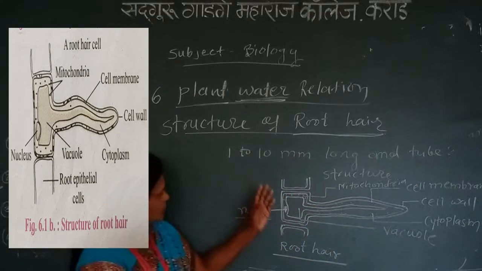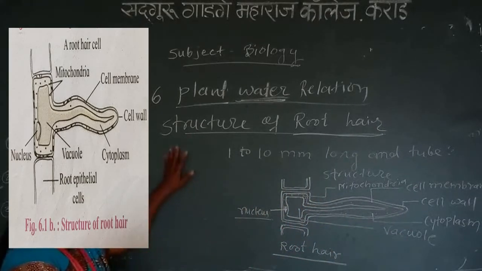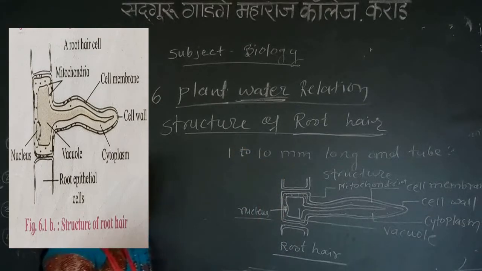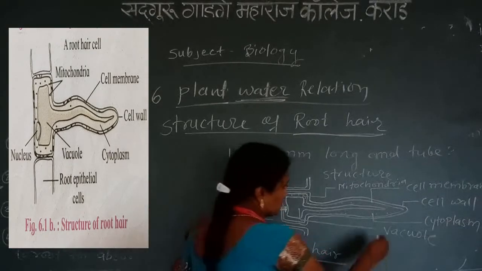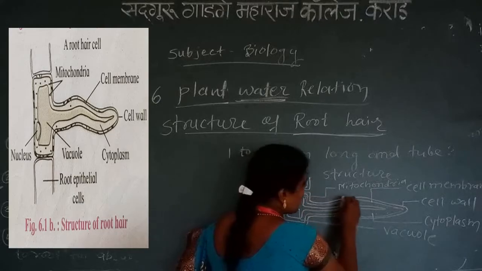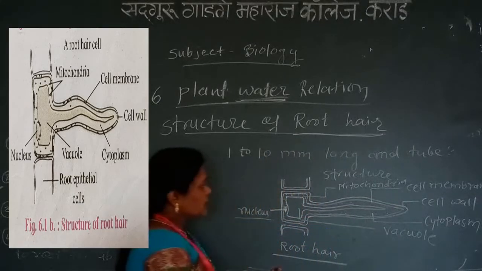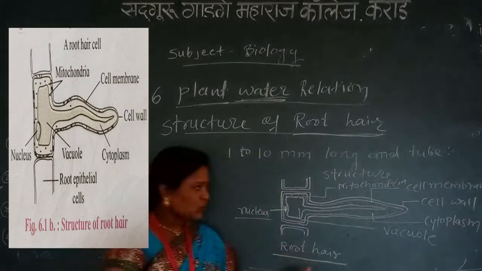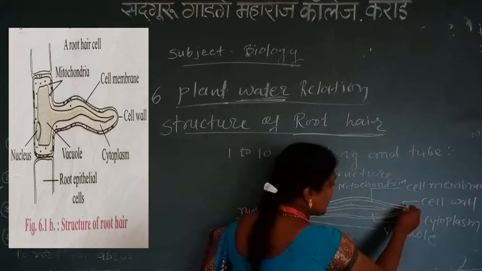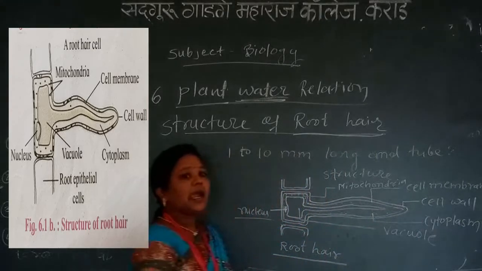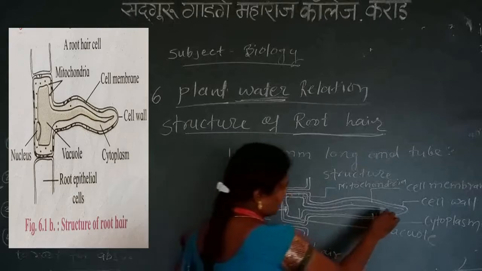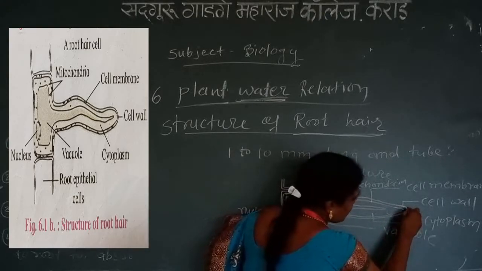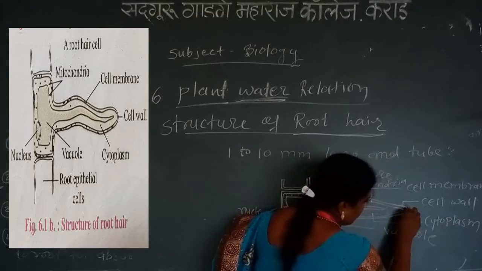So let's see this diagram. It is the structure of root hair. This is an epidermal cell. This epidermal cell is unicellular, elongate, delicate and unbranched.